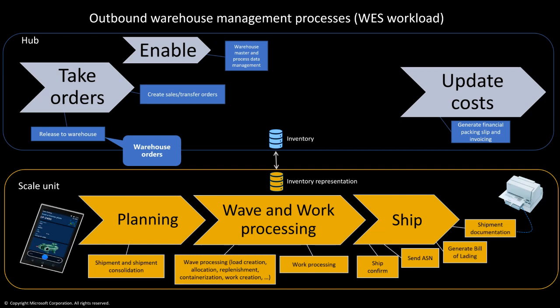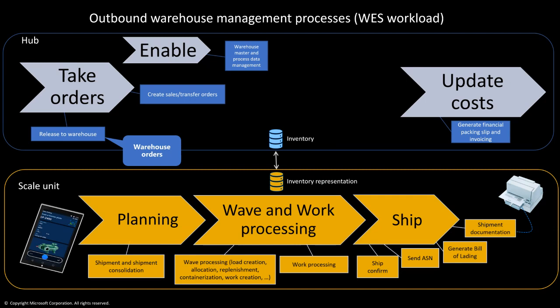Outbound warehouse management processes are similar to the inbound and what you're used to today, most likely, right? So orders are still placed in the hub unit. We have the concept of a release to warehouse, which then would trigger the creation and the synchronization of these warehouse orders.